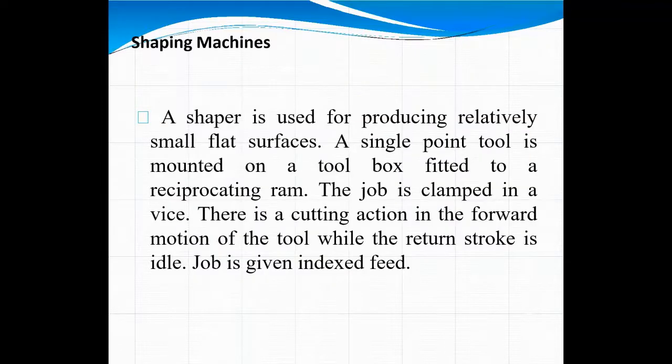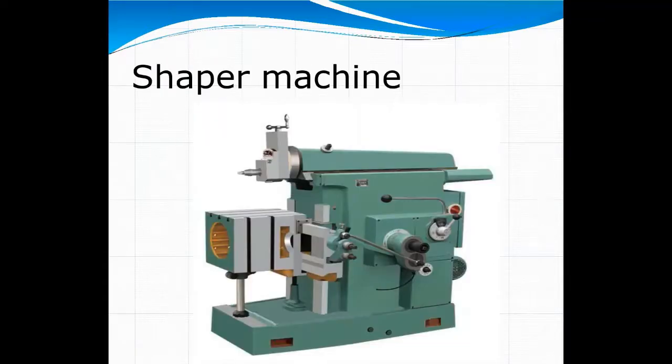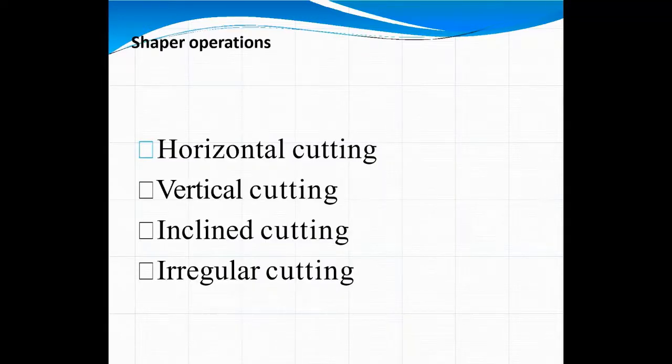Threading on lathe machines. So threading is first done with the help of the threading tool by fixing the pitch and dia. Next one is the shaping machine. Shaper is used to produce relatively long jobs. The diagram, that is a slide, shows the shape of the shaper machine.